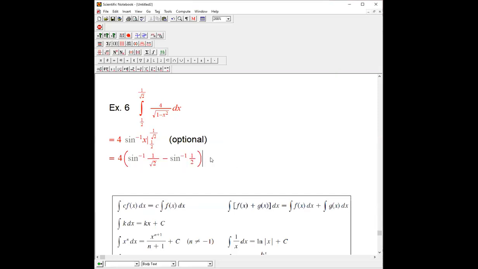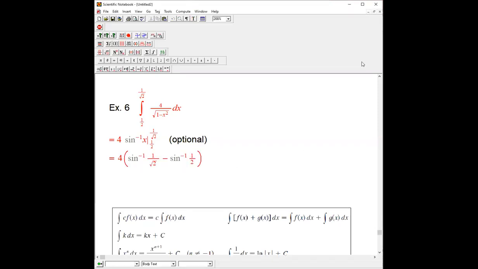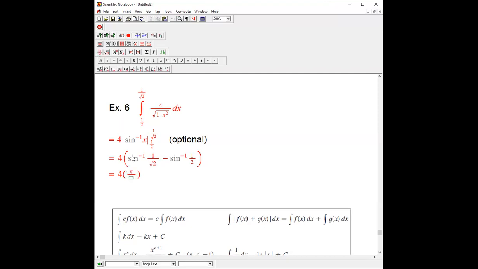All right, so it's about the last step. Of course we know the answer here. Arc sine of square root 2 over 2 equals pi over 4, and the other one is pi over 6.